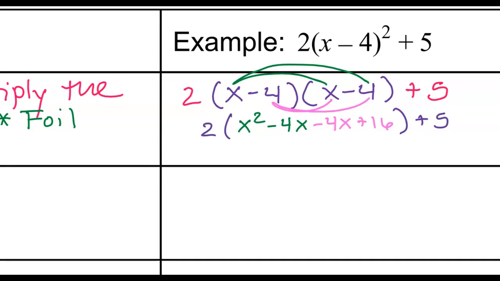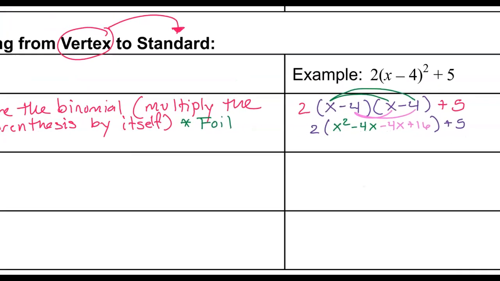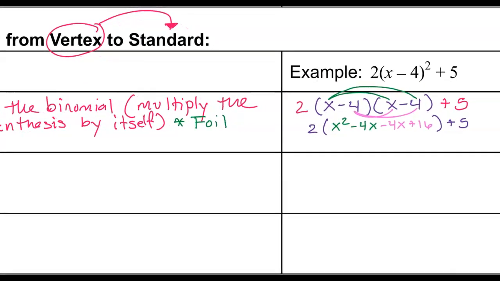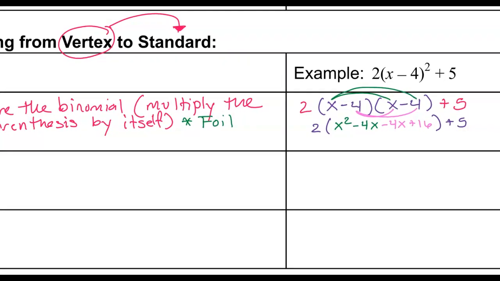What do we then do? Combine the like terms. So we end up with what inside of our parentheses now? X squared... when we're combining like terms, we're not having to change the sign at all.